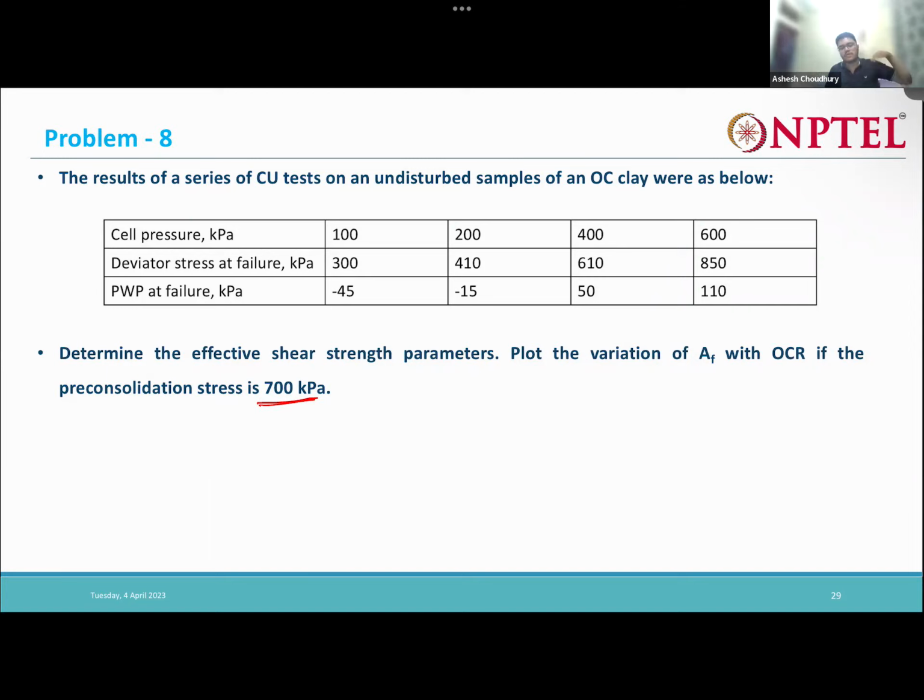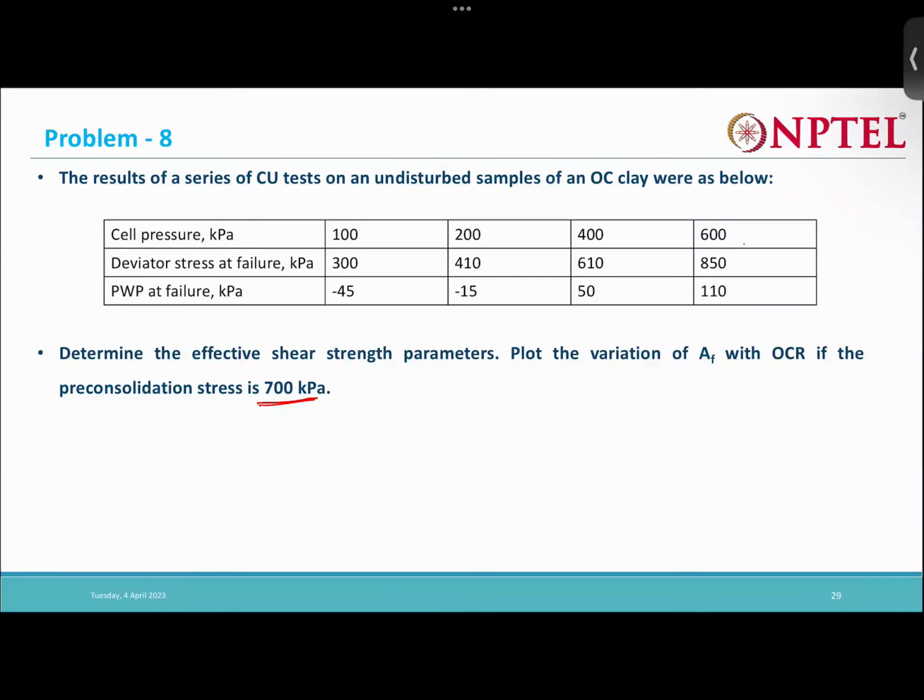Okay, so the soil is actually pre-consolidated beforehand to a stress of 700 kPa, and after that we are reducing the stress. We are bringing the cell pressure to 100, then doing the test, then increasing to 200 and doing the test, 400 and doing the test, and taking it to 600 and doing the test.